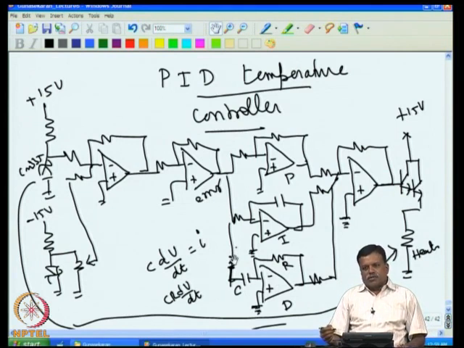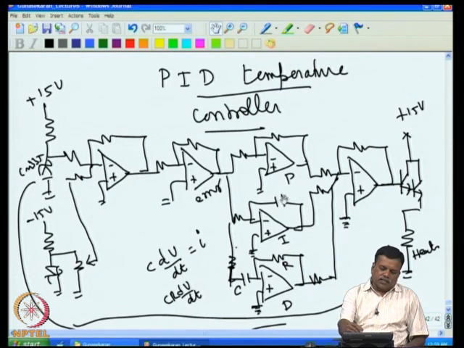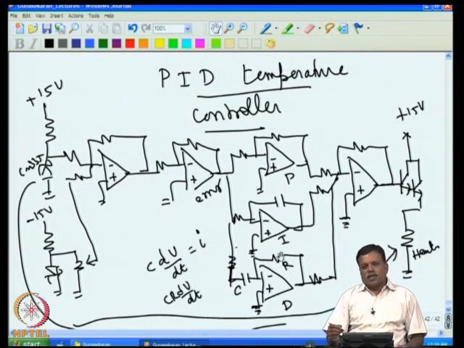Of course, I ask you to work out how to scale the proposed integral time constant, and similarly the differential time constant, to the temperature scale. The electronic time constants, the differentiator time constant and the integral time constant, are the ones which actually drive, but they have no relevance to the temperature time constant.